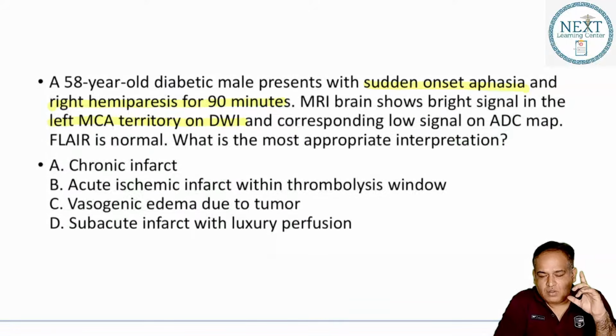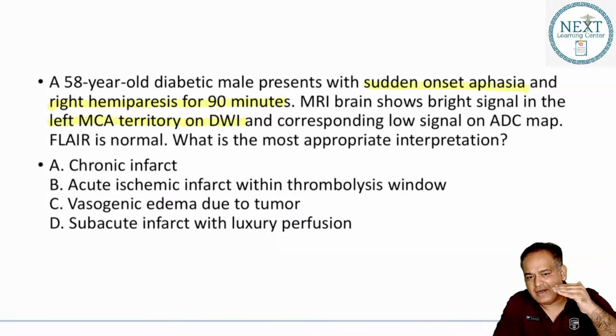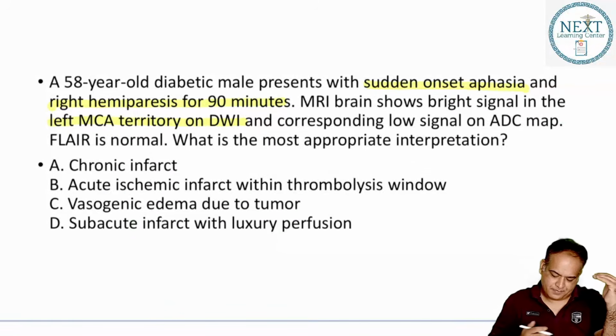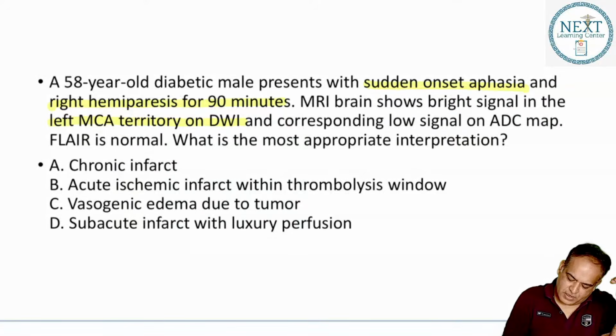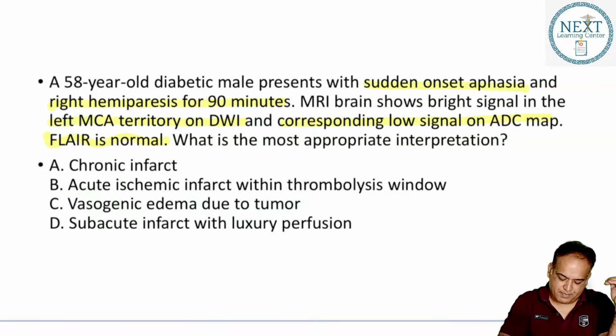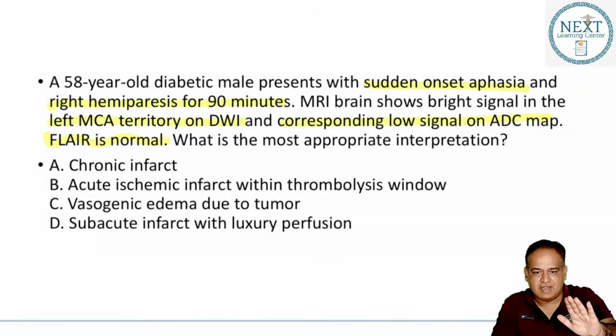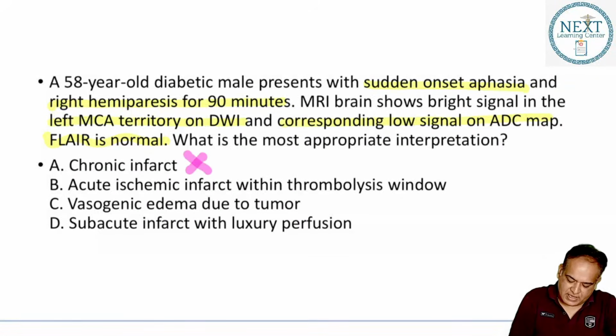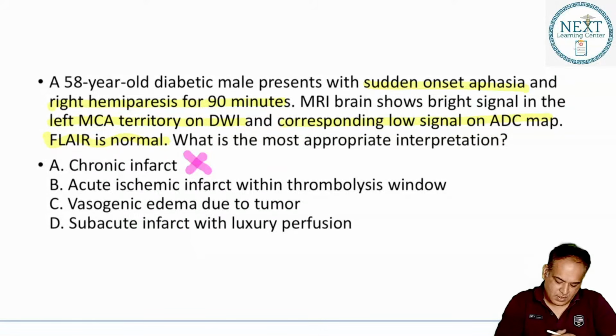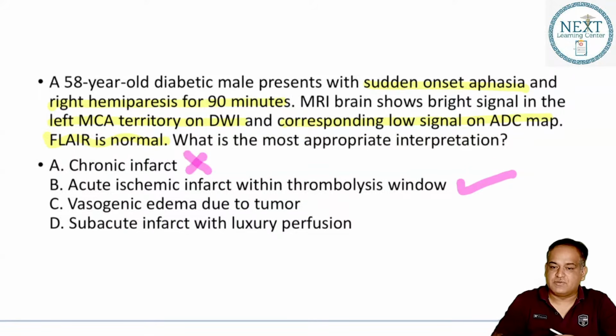What is appearing bright on DWI should appear dark on ADC, with corresponding low signal on ADC map. FLAIR is normal. What is the most appropriate interpretation? Feature started 90 minutes ago, so it is definitely not chronic. So it is acute ischemic infarct within thrombolysis window.